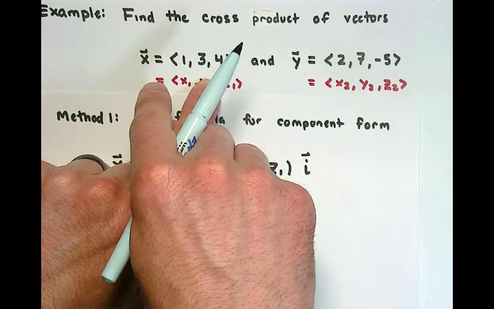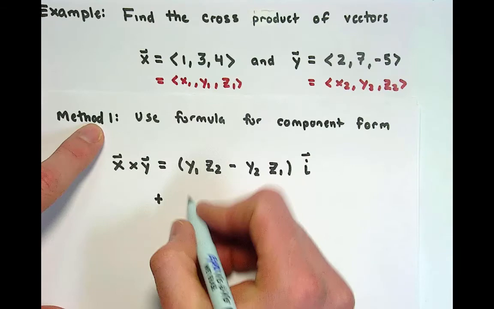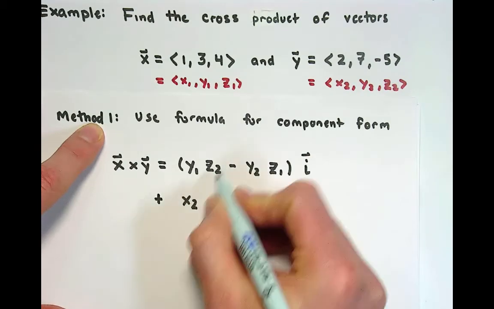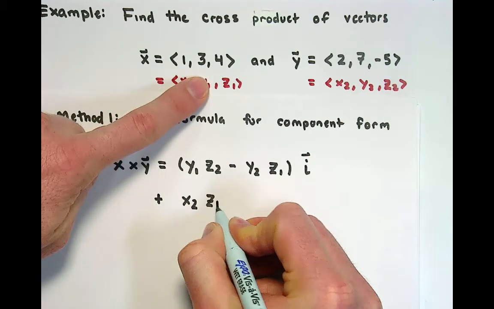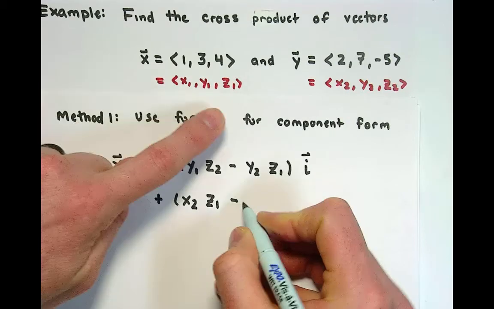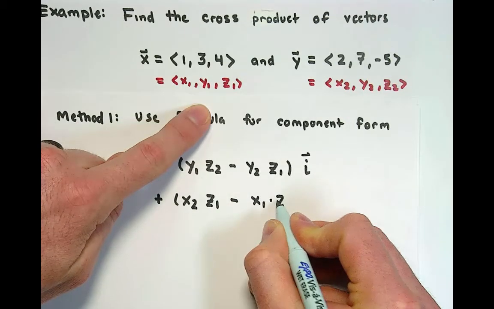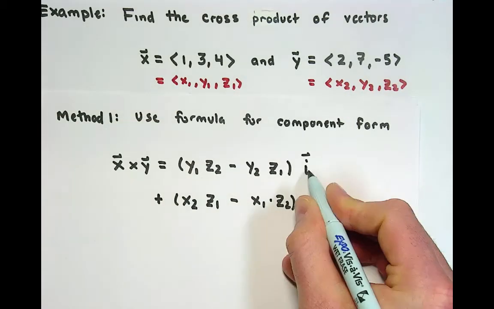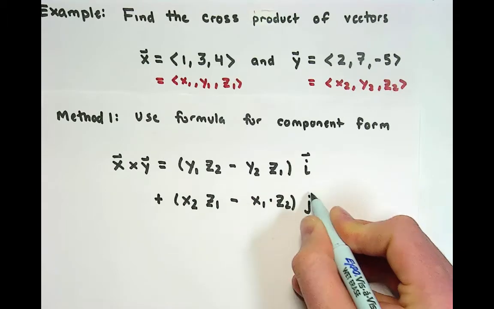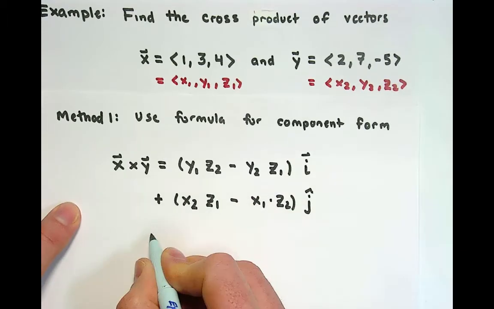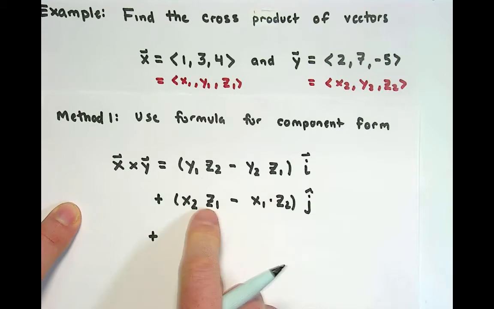Instead of the x1 coming first, the x2 would come first. So this was x2 times z1 minus x1 times z2. The negative we've already factored in here, so we just leave this as j.